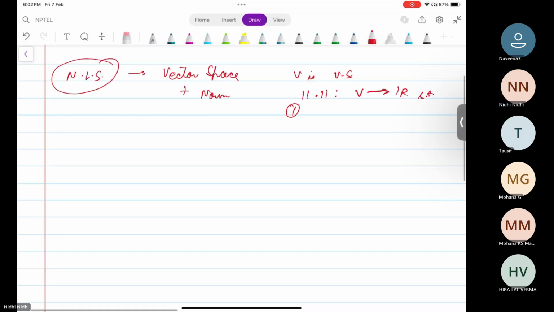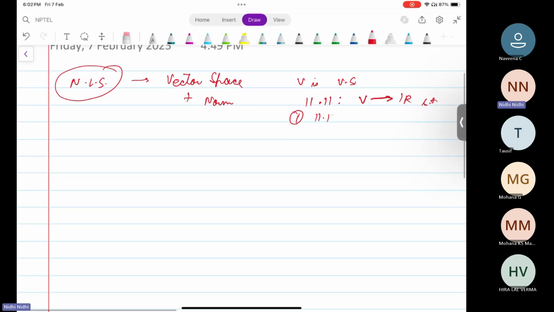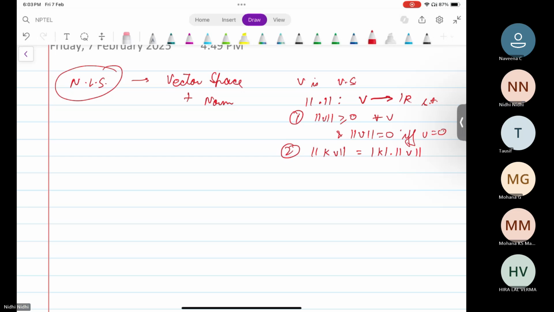First one, norm of V is positive for every V, and norm of V is 0 if and only if V is 0. Second one is scalar multiplication: norm of K times V, in that case the modulus of K will come out. And the third one is the triangle inequality.